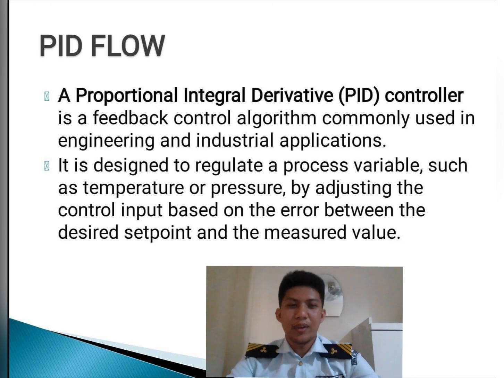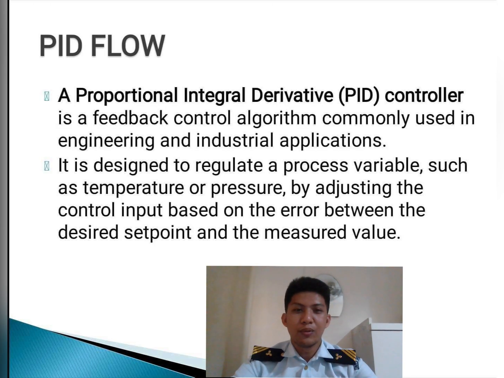So lastly, we have here the PID flow. PID stands for Proportional Integral Derivative Controller. It is a feedback control algorithm commonly used in engineering and industrial applications. It is designed to regulate a process variable such as temperature or pressure.